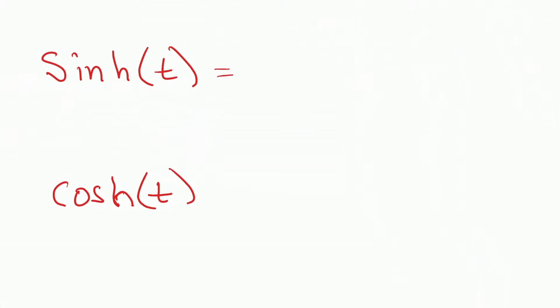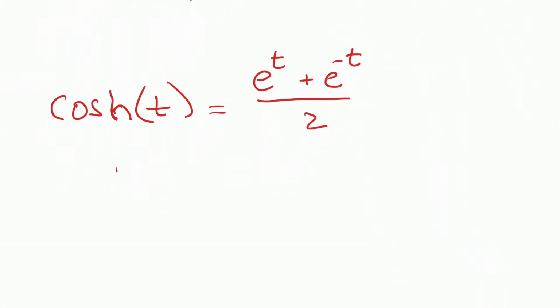Okay, so hyperbolic sine, here's the deal. Oh, cosine is the better one. Cosine, you're averaging together e to the t and e to the negative t. That's what the hyperbolic cosine is. This, by the way, is a catenary.